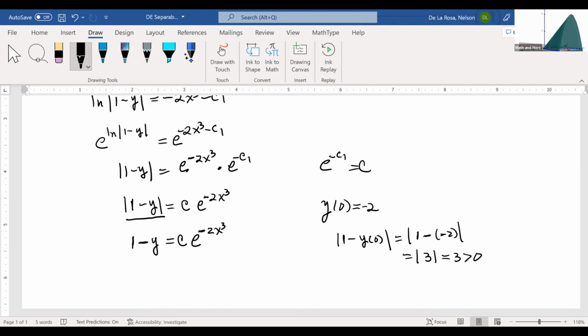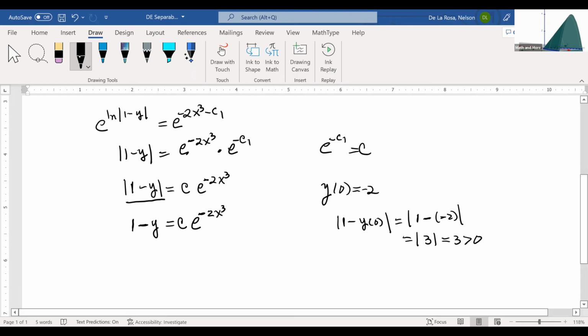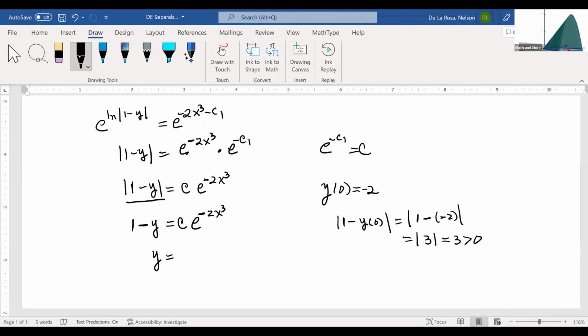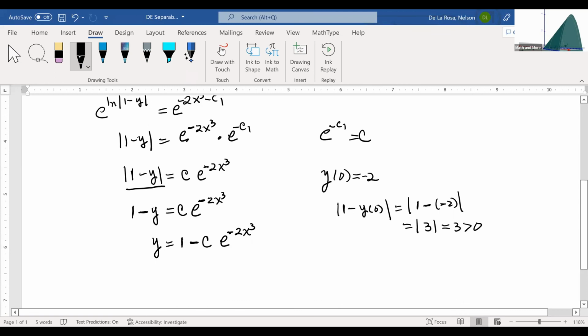And then now y, isolating y, we're going to obtain 1 minus c e to the negative 2x cubed. So is this now the moment to find the value of c in order to solve the initial value problem? So we have that y at 0 is negative 2.